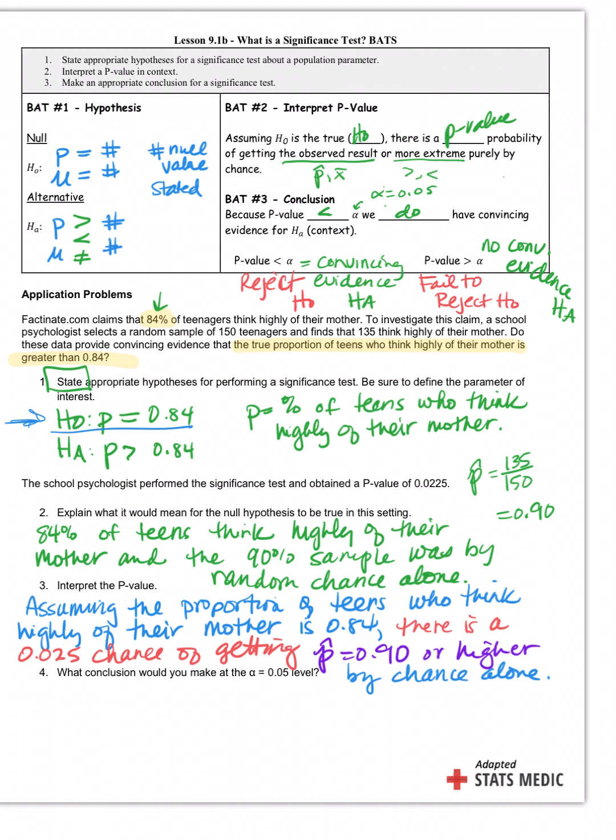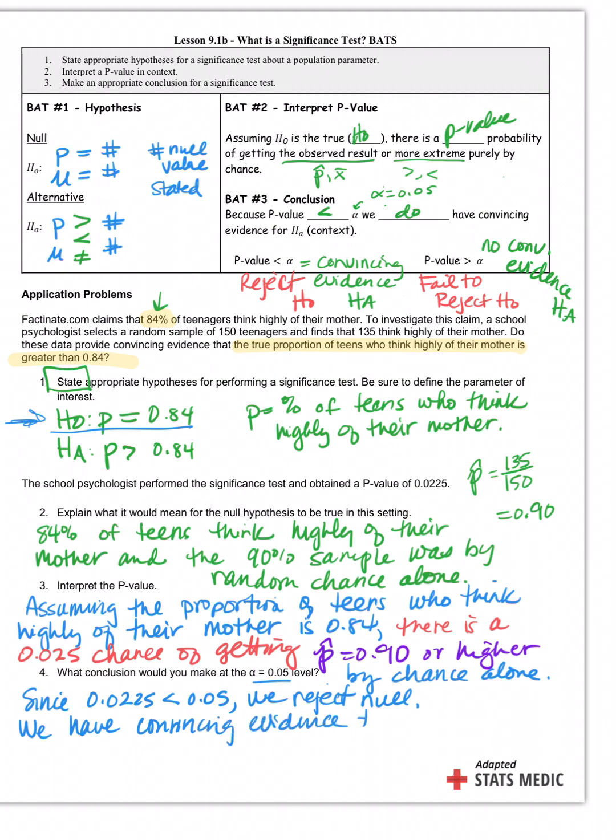All right, one last sentence and we can be done. Look at us, cranking away. What conclusion then would you make with the alpha 0.05? That's that 5% landmark, okay? All right, so we start with that p-value. Since 0.0225, how does that compare to 0.05? It's less than. We reject the null. And what does that mean? It means we have convincing evidence that, and then I describe the alternative hypothesis here.